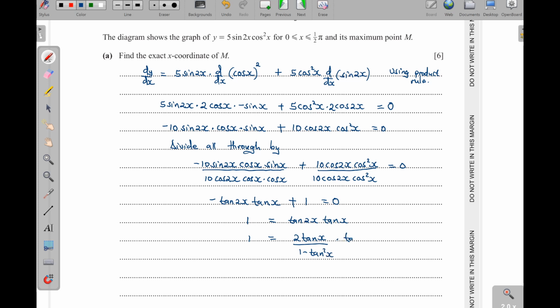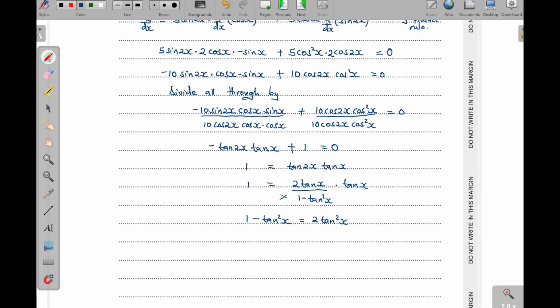Then we multiply by tan x here. Then we can cross multiply. We get 1 minus tan squared x, which is equal to 2 tan squared x. You see that? Then taking this one this side, it will become 3 tan squared x, which is equal to 1. Divide all through by 3. Tan squared x is equal to a third. Take the square root, then tan x is equal to plus or minus the square root of 1 over 3, which can be taken as 1 over root of 3.